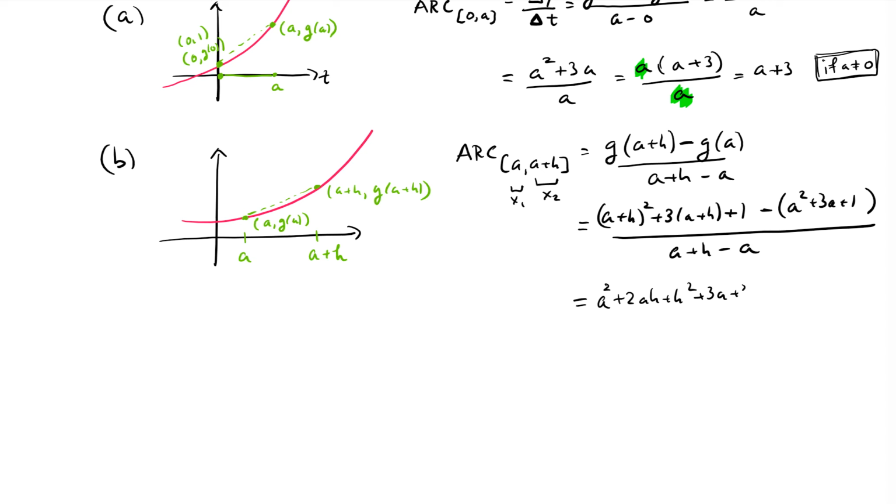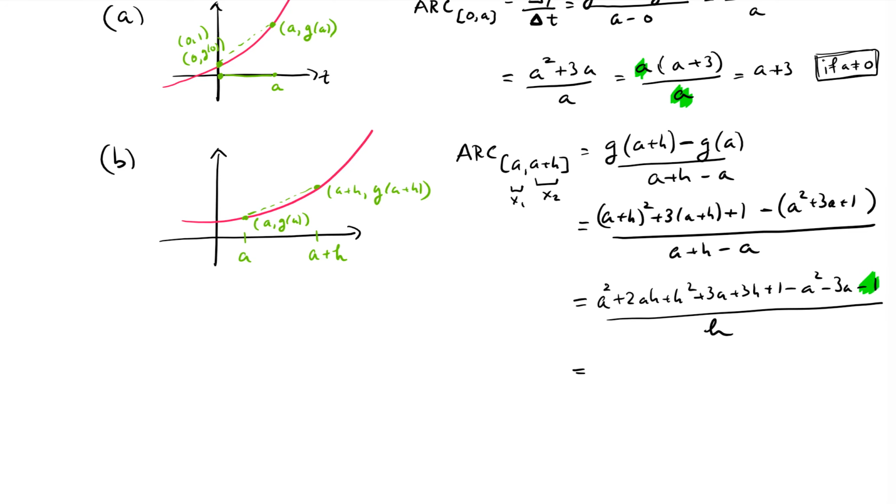I'm going to distribute the 3 plus 1, and then the minus hits every term here. Careful, if there's one that's negative, it's going to become positive. A minus a cancels out, so I'm just dividing by h here. And finally, I'm going to group like terms.